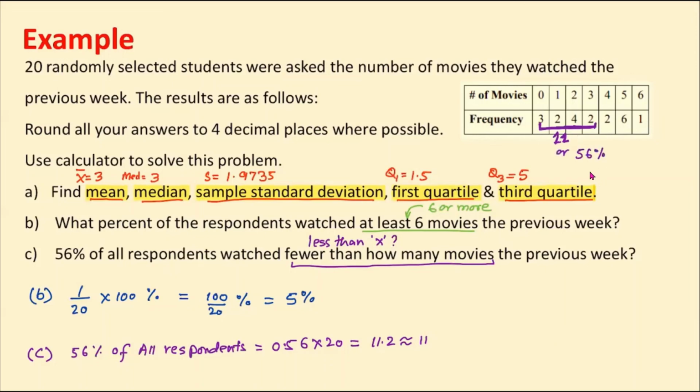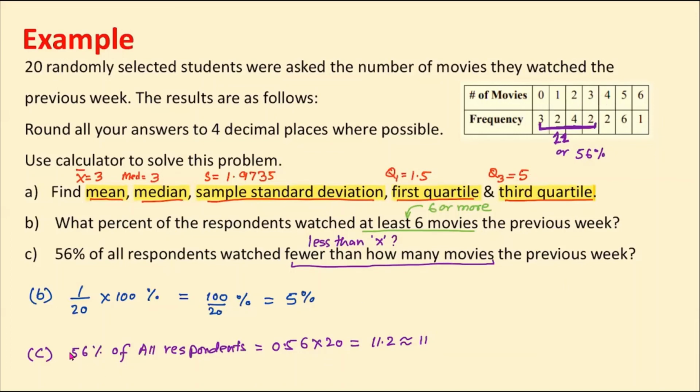So 11 students or 56% of students, you can see they watch no movies, 1 movie, 2 movies, or 3 movies. That means they watch less than 4 movies.